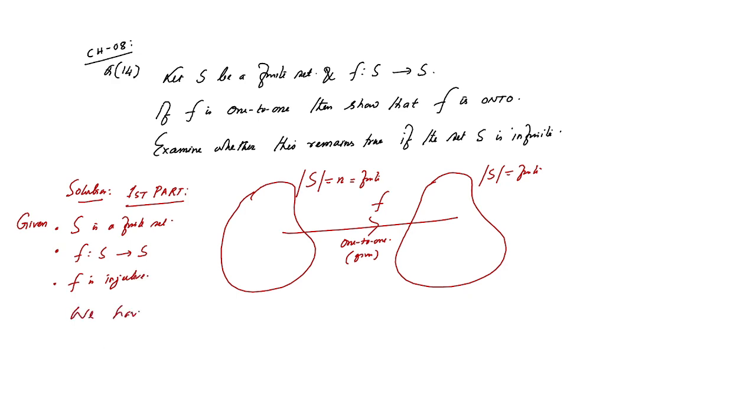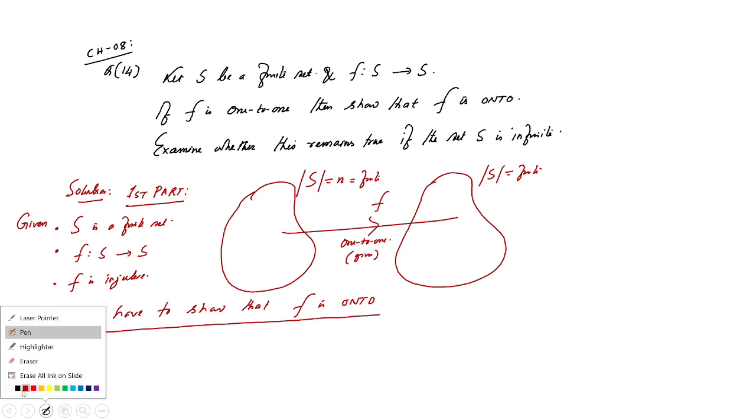What we have to show is that f is onto, that means surjective. How will we show f is surjective?